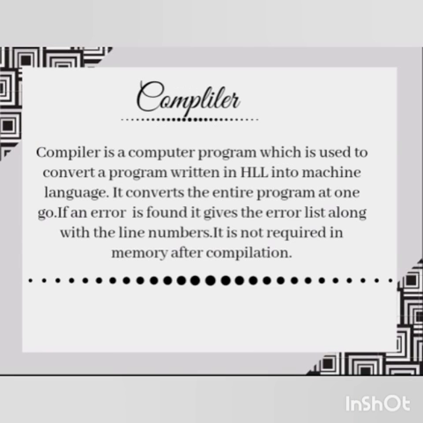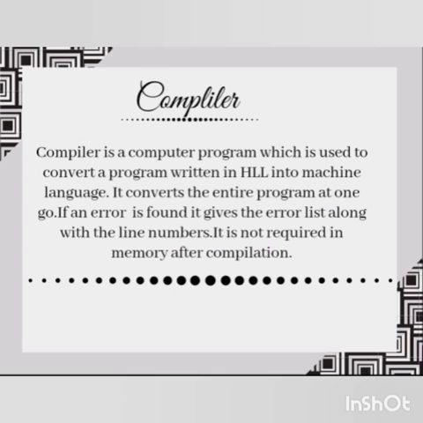Now next comes compiler. What is a compiler? A compiler is a language processor which is used to convert a program written in high level language to machine language. It converts the whole program into machine level language at one go, and if any error is found, it displays the errors line by line, and when the errors are rectified, the program is converted into machine level language.